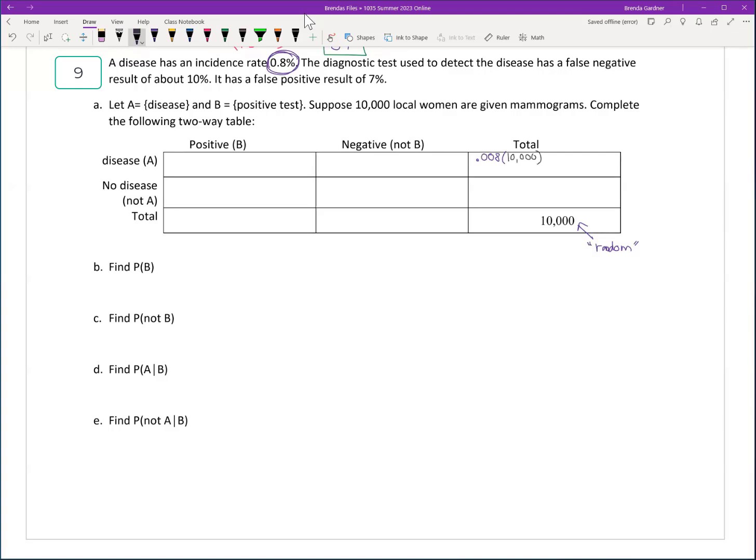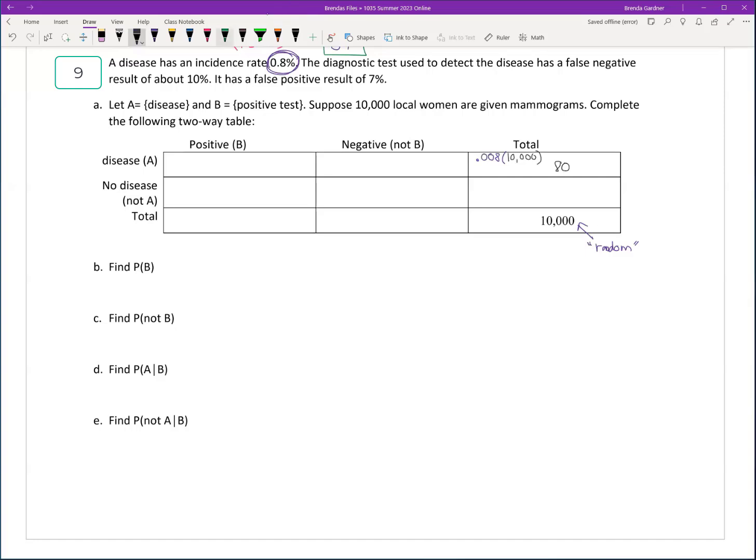So we take 0.008 times 10,000, and that gives me 80. So 80 out of 10,000 people will likely have this disease.